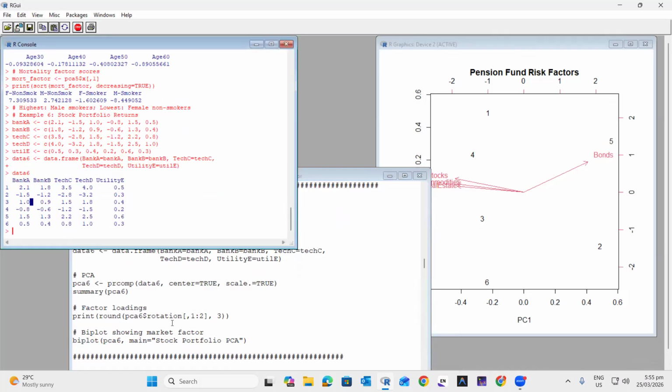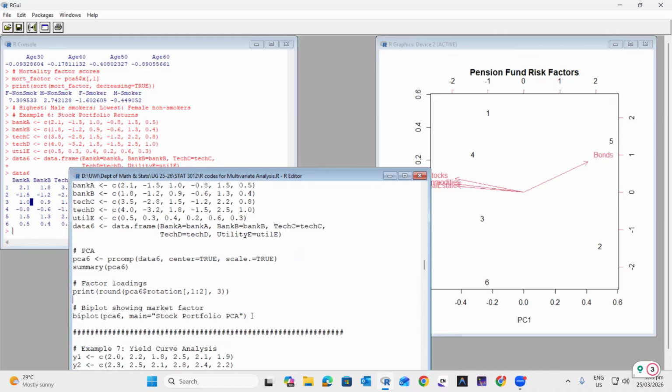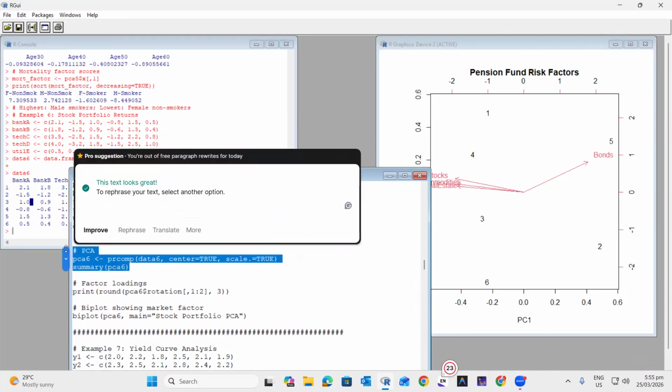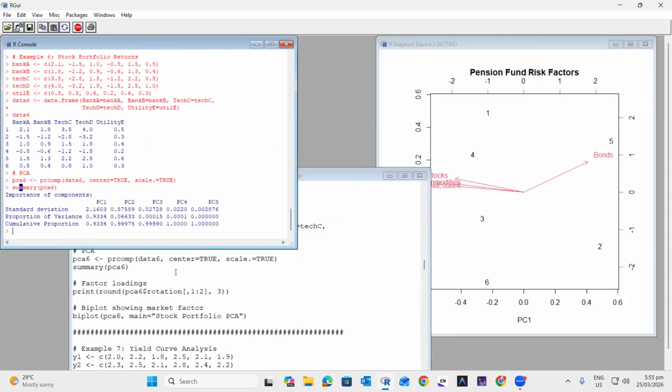We are going to apply PCA, principal component analysis, with scaling equals true. Let's find out the summary.